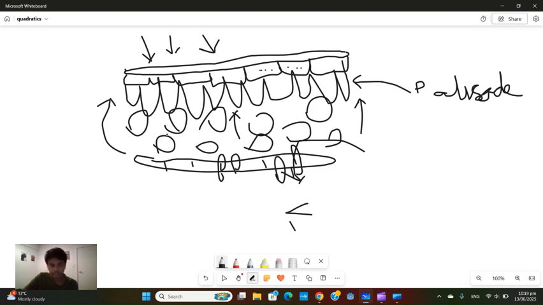Yeah, there's also a, sorry, a vascular bundle. Here we have xylem and phloem. Now, as a rule of thumb, xylem will be either in the center or on the top.